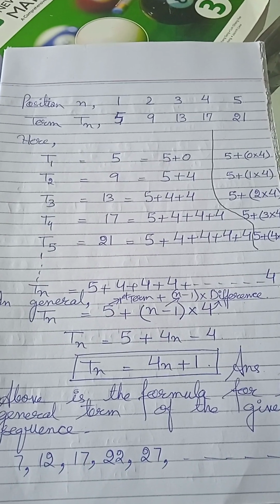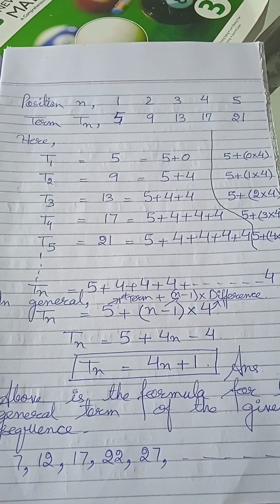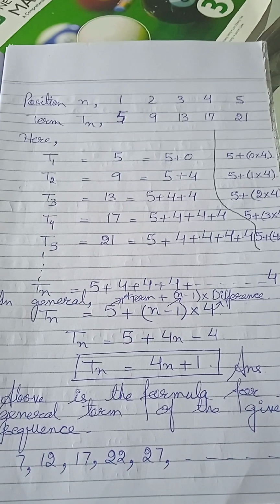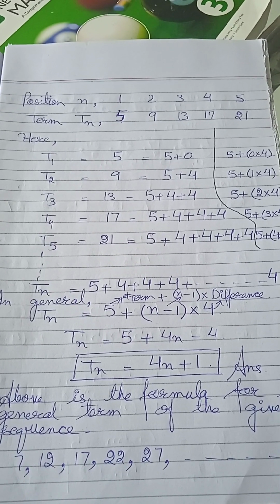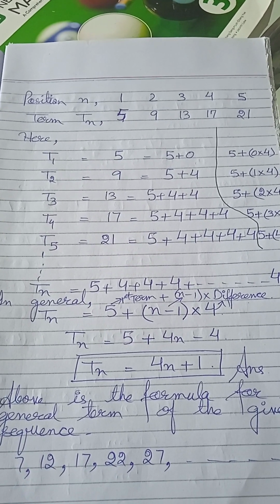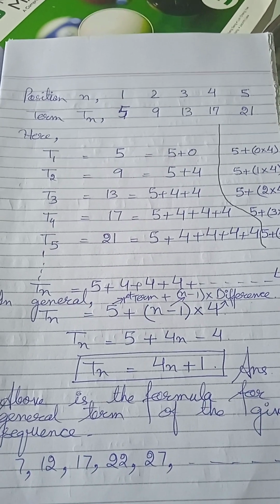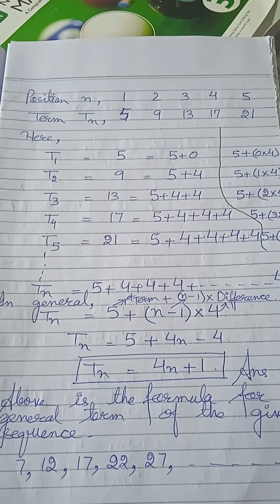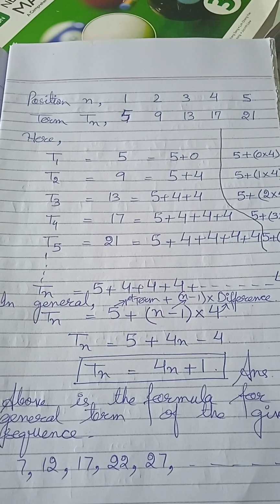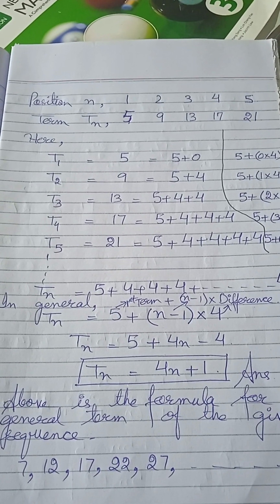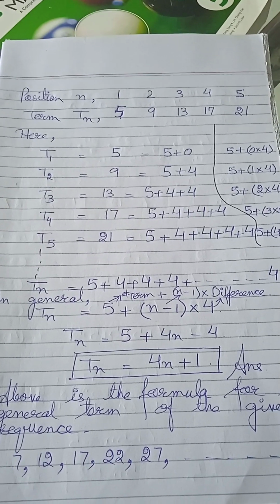So here if I write it in general form, I can write T1 equals 5. Here the first term is 5 only, and the next term we obtain by adding 4 to 5. So the number is 9, so I write it 5 plus 4.